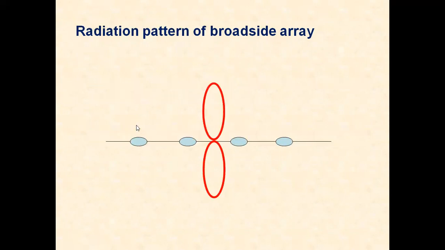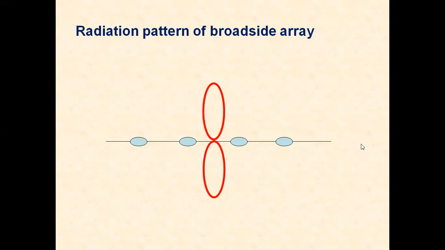So these are the antenna elements. The radiation pattern is perpendicular to the array axis. In the perpendicular direction, the field is added up, giving maximum radiation.